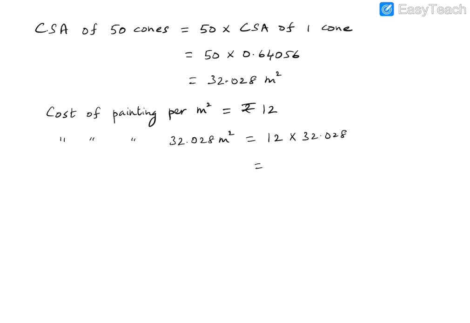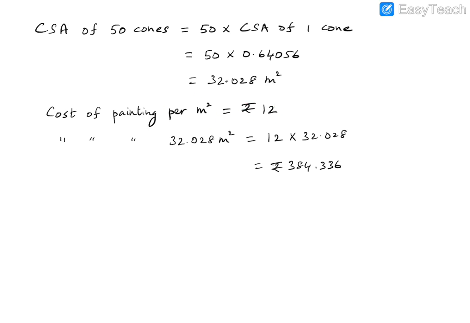That will give us an answer of 384.336. That's rupees. So the total cost of painting all the 50 cones is going to be rupees 384.336, given that the cost of painting per meter square is rupees 12.